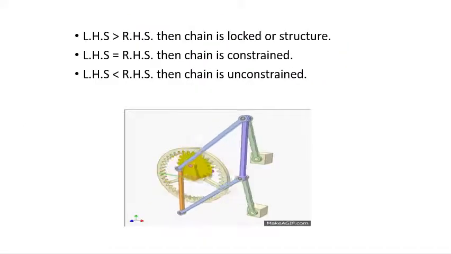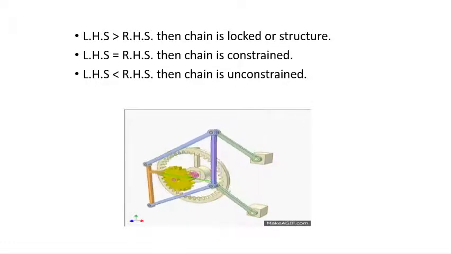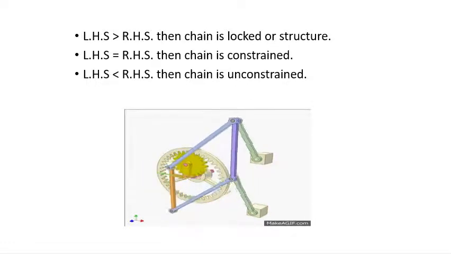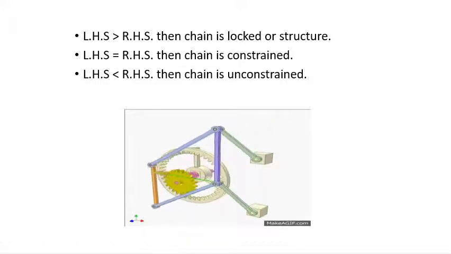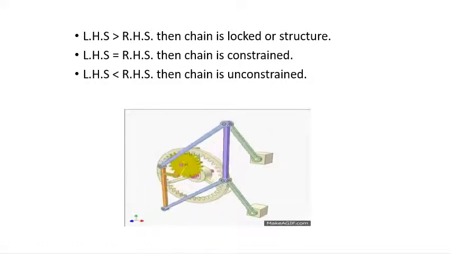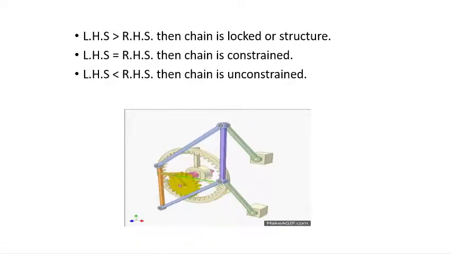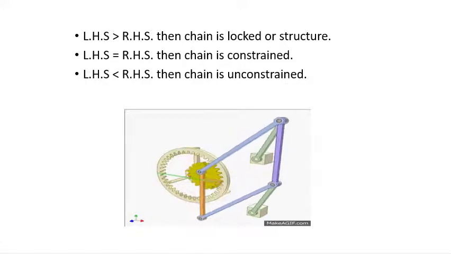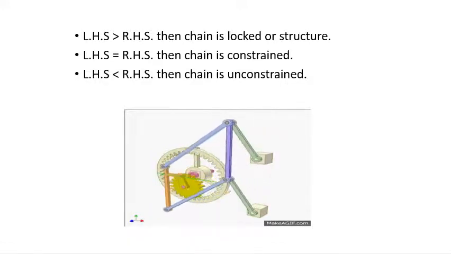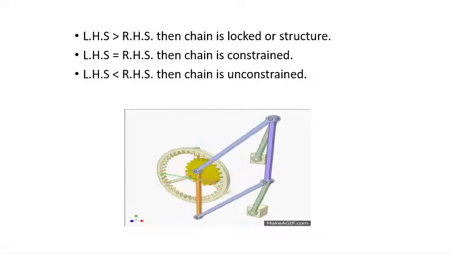So next we have a few conditions. In equations 1 and 2, that is the relation between number of links and number of pairs, and number of joints and number of links, we have a left hand side and a right hand side. Suppose the left hand side is greater than the right hand side, then the chain is locked, or sometimes we call it a structure. It does not have any relative motion between the links.